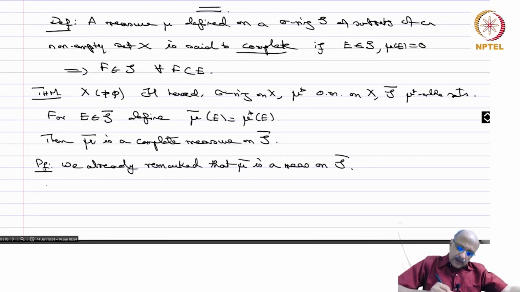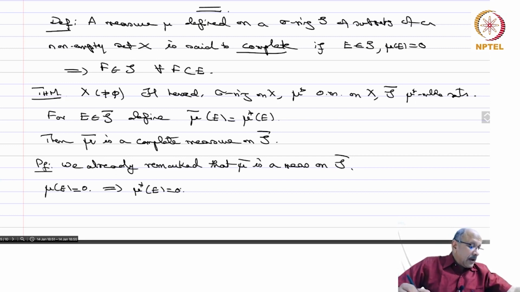So now let mu bar of E equal to 0. So this implies that mu star of E equal to 0 because it's the same thing.